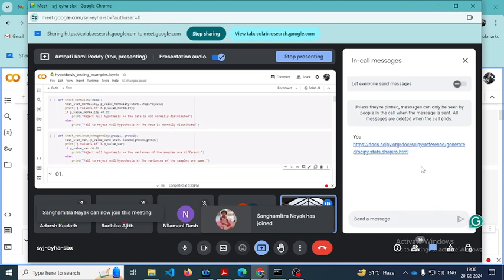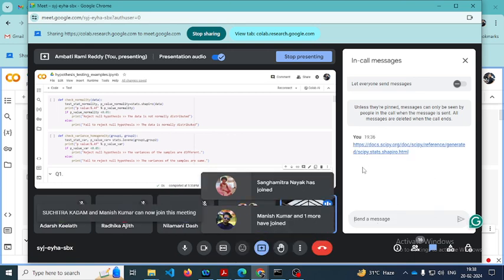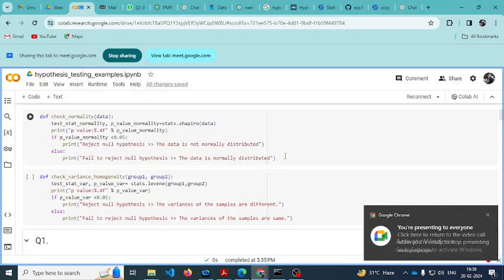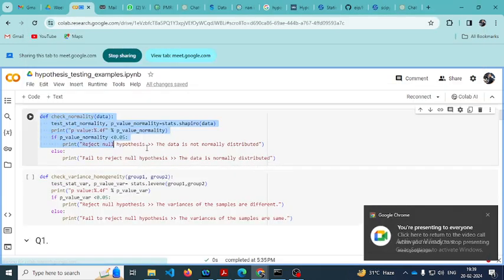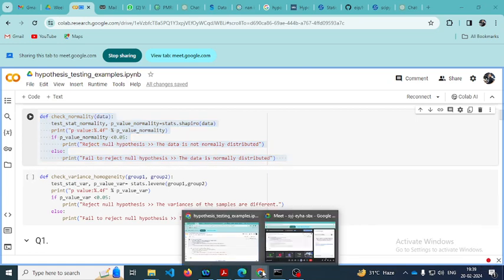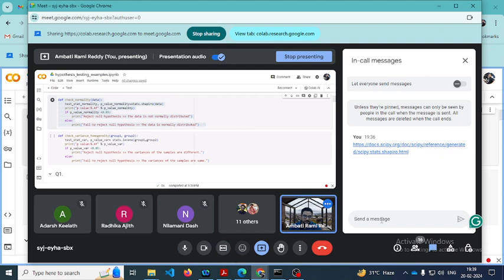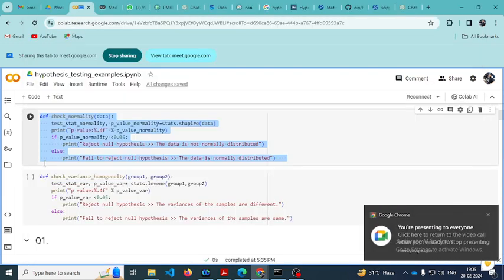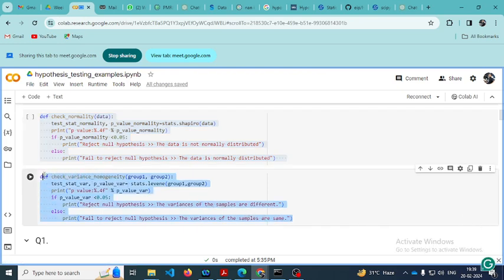I'm sharing this link, stats.shapiro. You go through that link. I'm also sharing these particular functionalities to check the normality, because we are going to use different examples to consider the same assumptions, like normality, whether the data is normally distributed, or whether the data has the same variance.